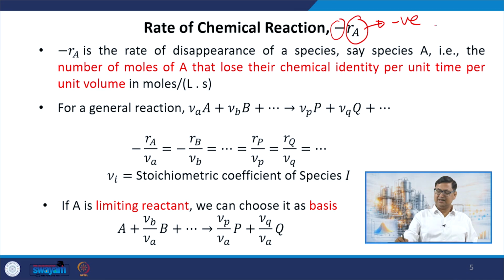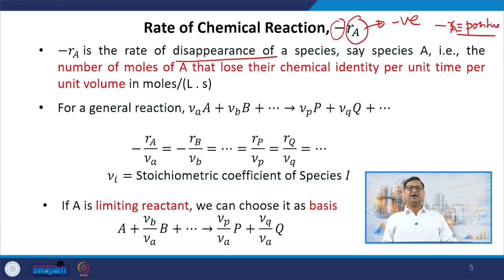So, minus R A is positive for the reactant, and it is not the rate of formation, it is the rate of disappearance, right. So, whenever I refer to R A without a sign, I am referring to the rate of formation, which is negative of course for the reactant. So, when I say minus R A, it is referring to the rate of disappearance of a particular species, right.